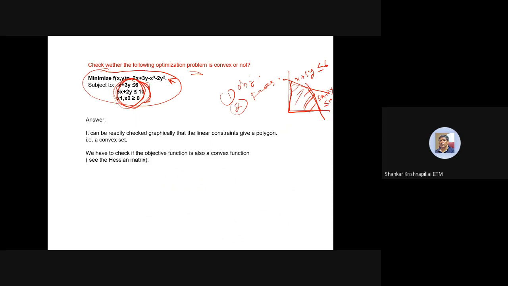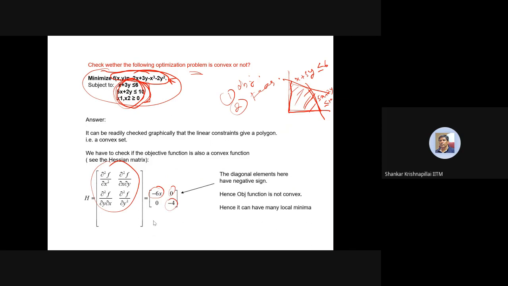So next you have to check the convexity of the objective function. For that you have to try the matrix, as it is a 2 variable problem. So this is the second derivative matrix. You get this: minus 6x, 0, minus 4. You can see that the diagonal elements have negative sign.